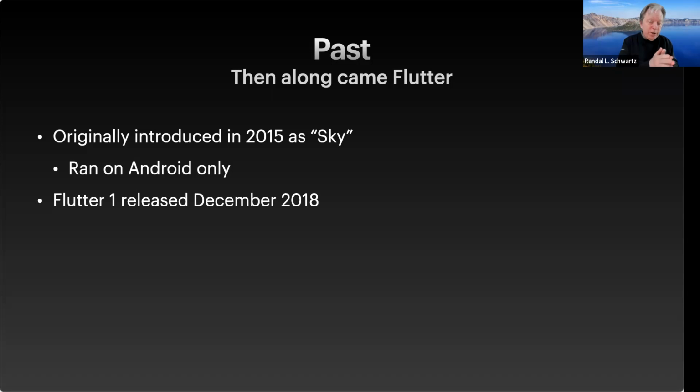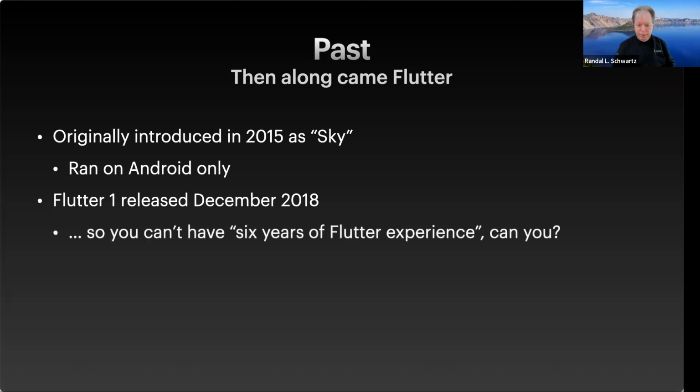In fact, some of the early copyright notices on some of the Flutter code still say copyright by the Chrome authors. I think they got most of them by now, but they're trying to get rid of all those. So they publicly released Flutter 1 in 2018. And so that was some number of years ago, but not 6 years ago.